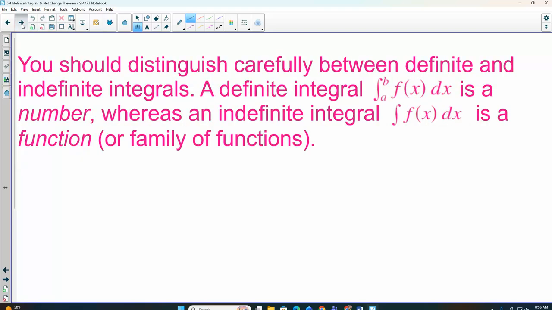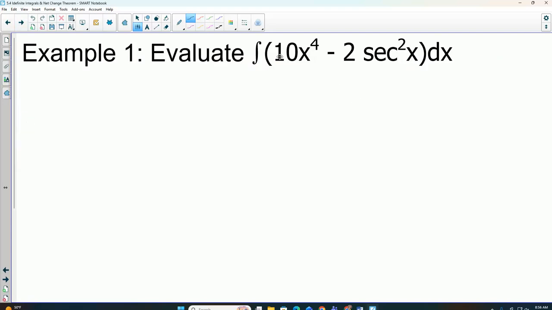So let's look at an example. If I wanted the integral, we know we can do term by term, so what's the antiderivative of 10x to the 4th? Minus 2. Okay, secant squared.